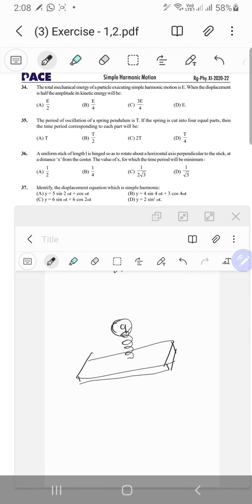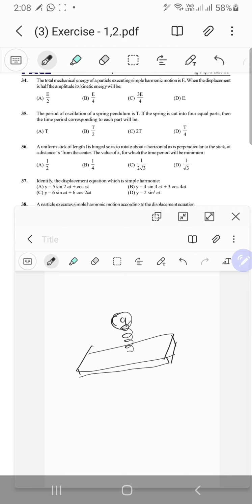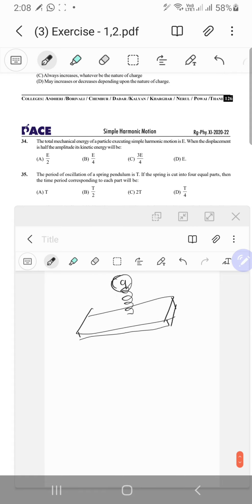This is a weird question. I really want to solve this, but at the same time, it's pretty weird. What can we say about it? It's not uniform.